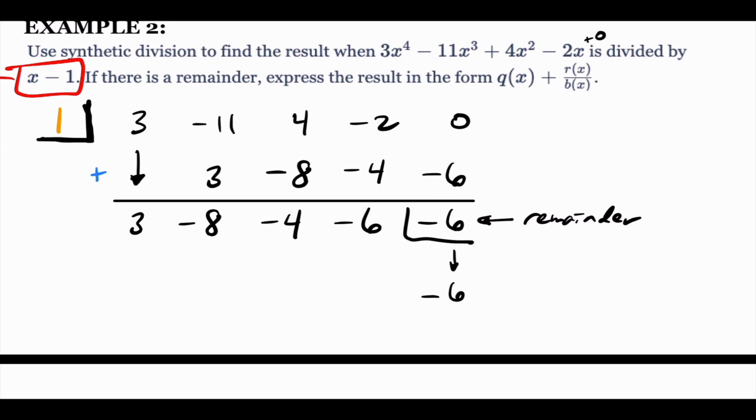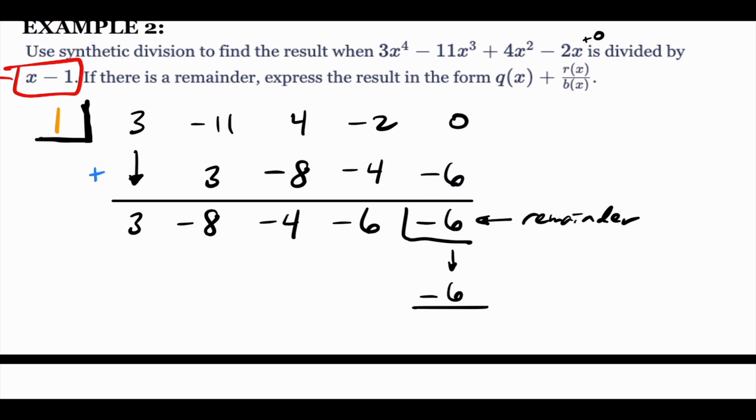How did we write remainders last week? As a fraction. So negative 6 goes on top. What goes on the bottom? X minus 1. Good. Plus. Done with that guy. Now the other negative 6. That guy is going to take the 0 spot.